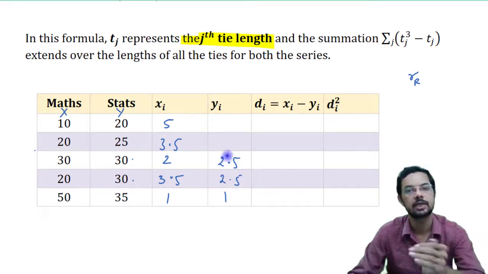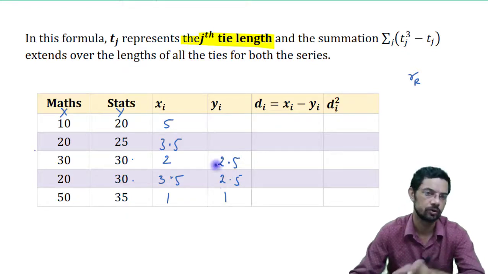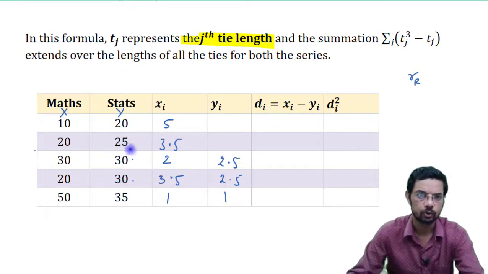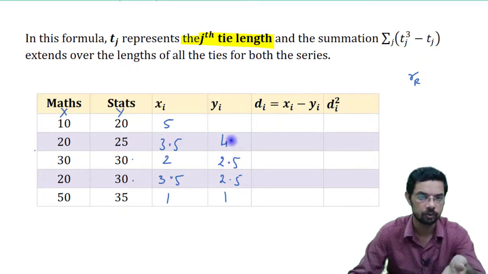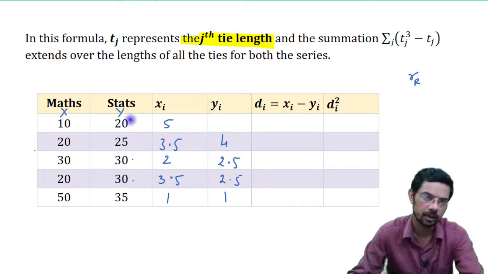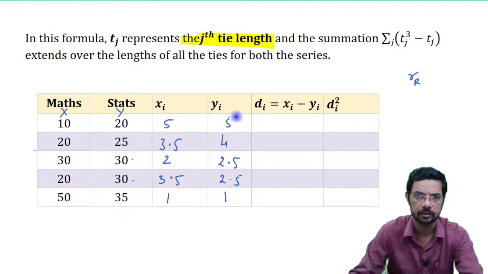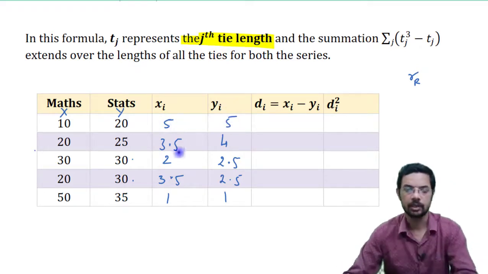Now 25 is the fourth rank. The third rank will not be given to anybody: one person, second person, third person, done. Now the fourth person will be given the fourth rank, and the fifth person will be given the fifth rank. That is how we give ranks.